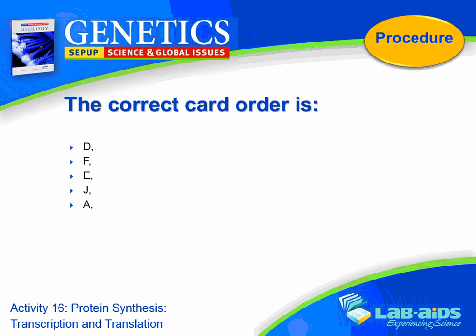What's next? H. B? H? H. What's next? B. Now what? G. G is next. Then C.